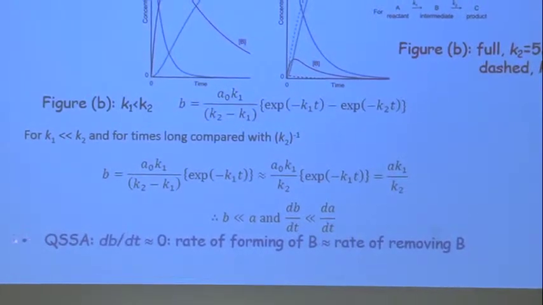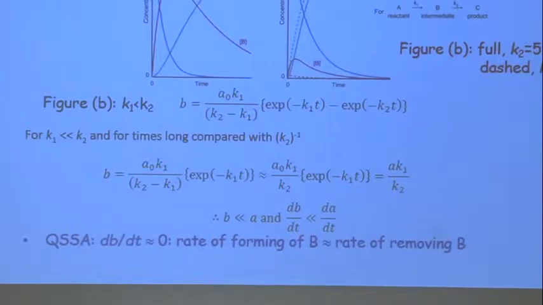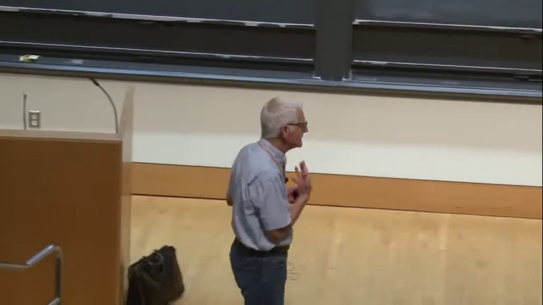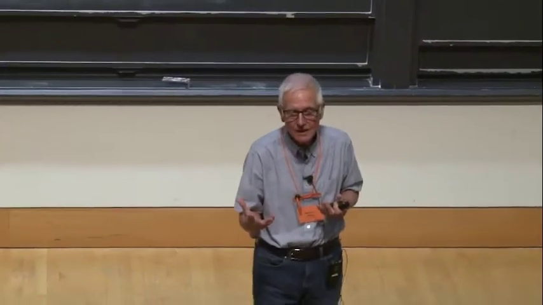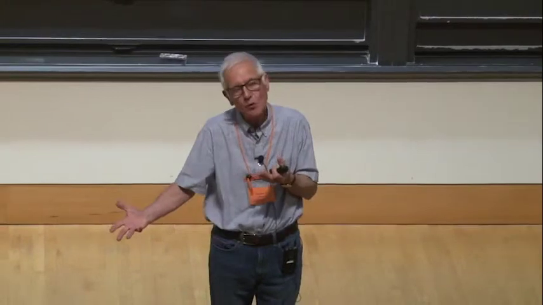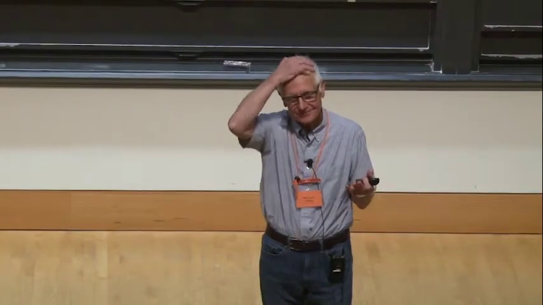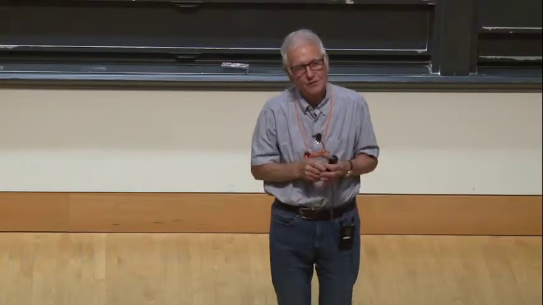And it's not a bad approximation to set dB by dt equal to 0, which is the steady state approximation. So we can use the steady state approximation in a situation where we have a species which is reacting much more quickly than it's being formed, on a time scale which is much shorter than that on which it's being formed.